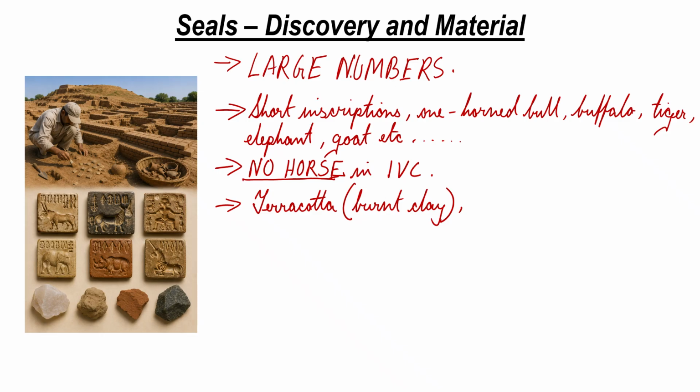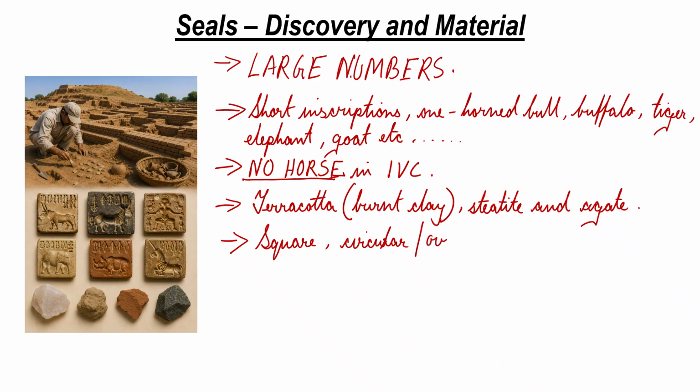Then it was also made out of two kinds of rocks called steatite and agate. So all these things were used in the making of seals. Most of the seals were square, means length and breadth equal, and some seals were also circular or oval in shape. So these were some of the important features of seals.